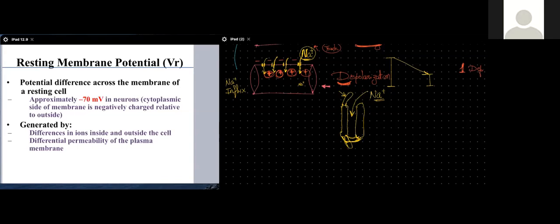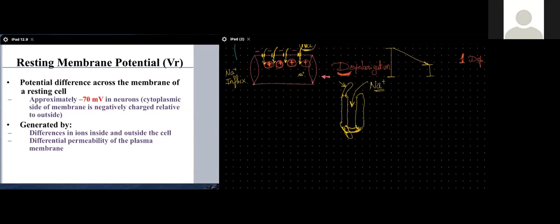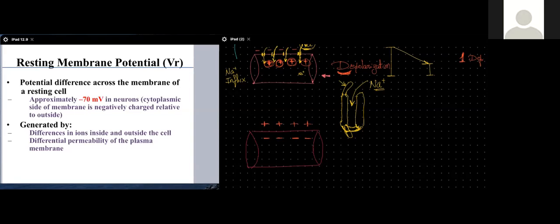So in order for me to return back to my polarized state, to my resting membrane polarity, the inside should be negatively charged another time compared to the outside. I did allow some of the sodium into the cell, but I still have most of the sodium located outside in the extracellular fluid.